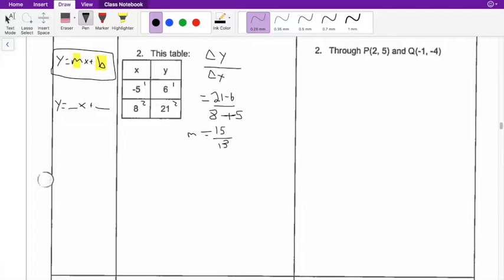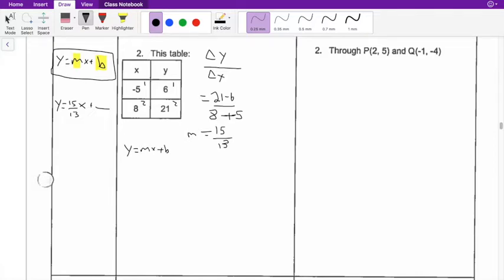Now we have this, so we can plug it in here if we really want to. Let's write 15 over 13. Now we still need this part. But we have points and we have an m, so we can write down our equation of a line, y equals mx plus b.